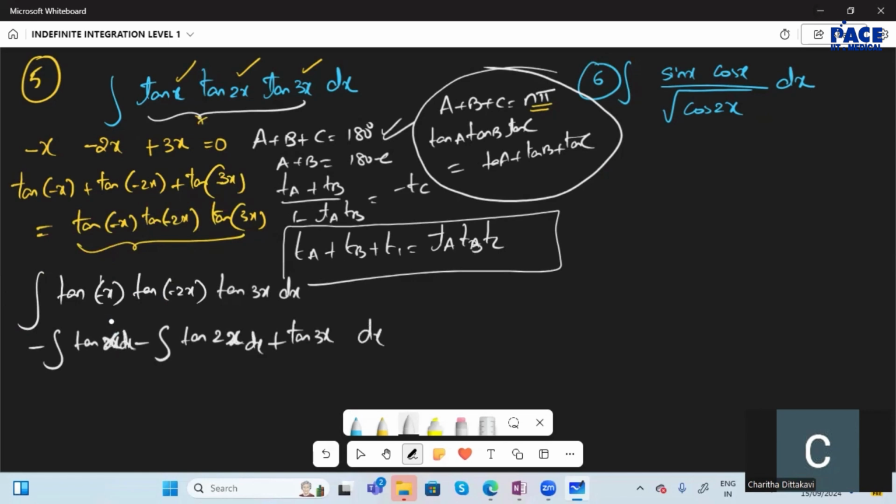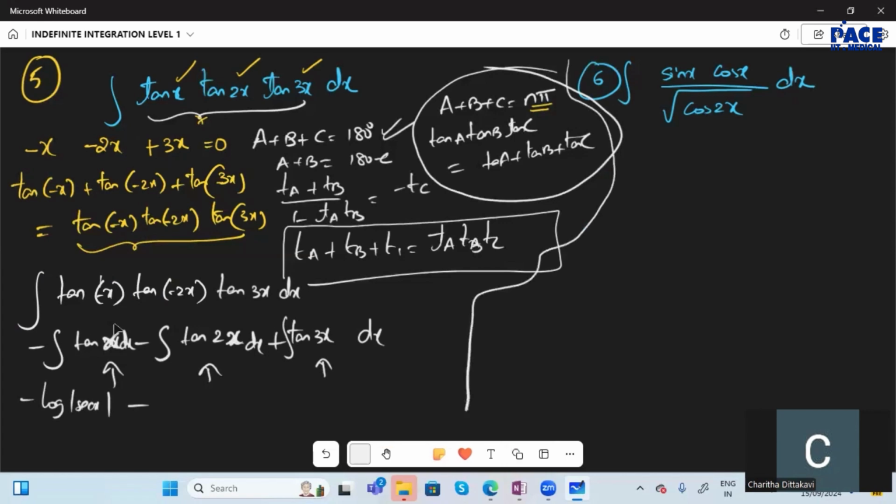So the product of values is given, and I am writing them as the sum of values. Now from here onwards, you can just apply your integration of tan x. What is the integration of tan x? Log mod secant x, isn't it? So log mod secant x minus log mod secant 2x plus log mod secant 3x is what you can have. Understood? Clear at that question?